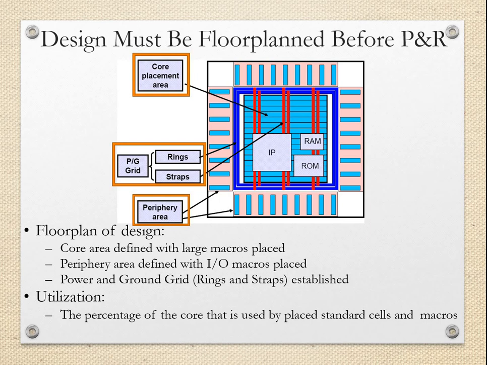Utilization of the available chip area is an important consideration while preparing the floor plan. The percentage of the core that is used by placed standard cells and macros is nothing but the utilization.